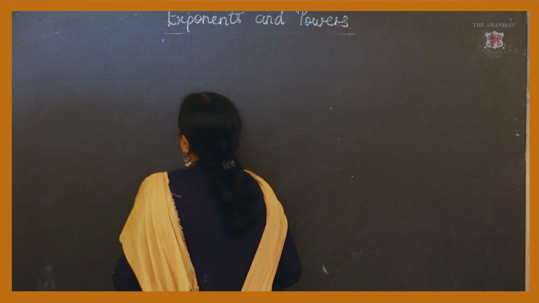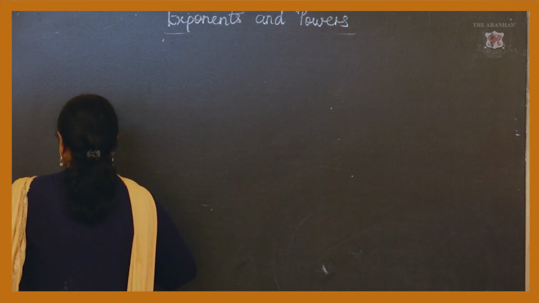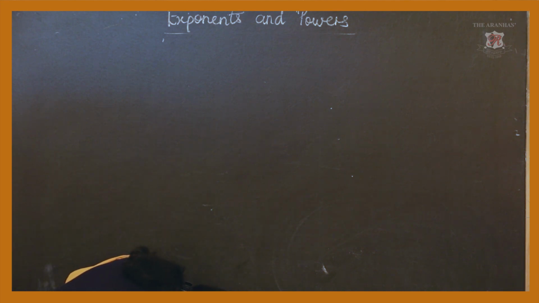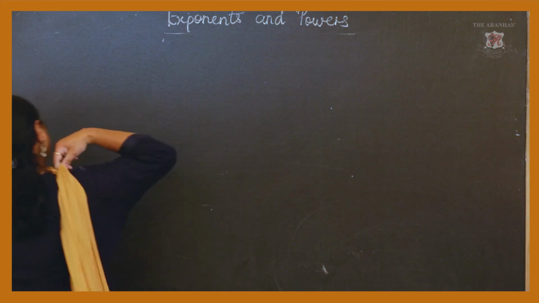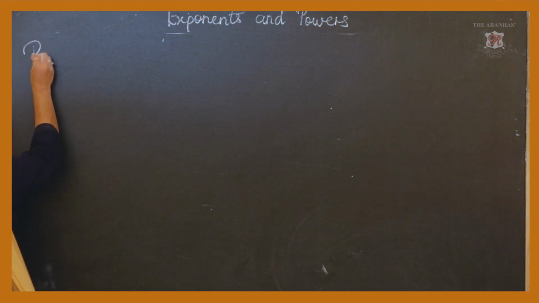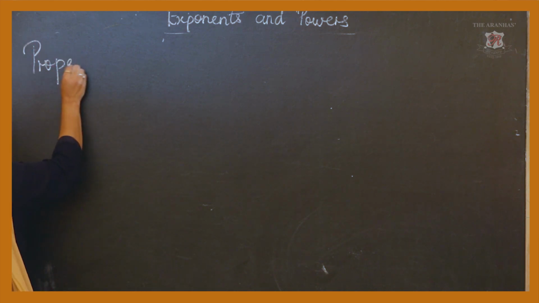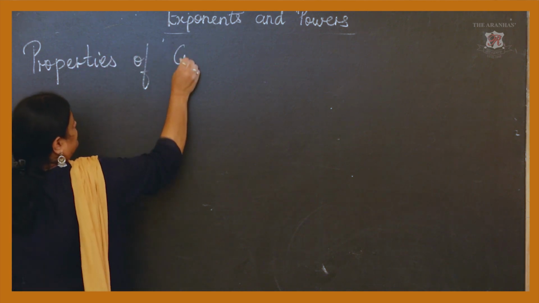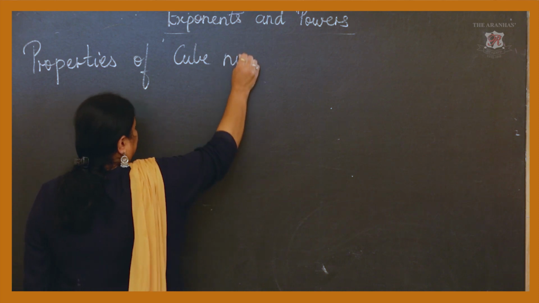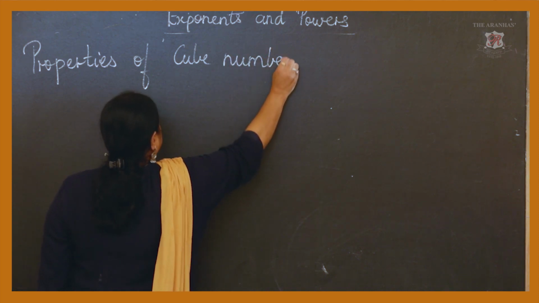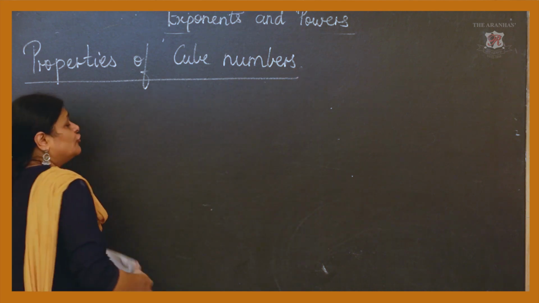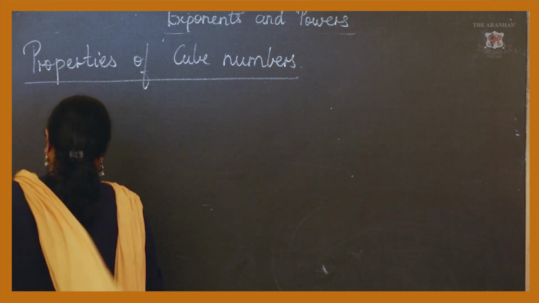Next, what we are going to do is the properties of cube numbers. Square is 2, cube we are going to take as 3.